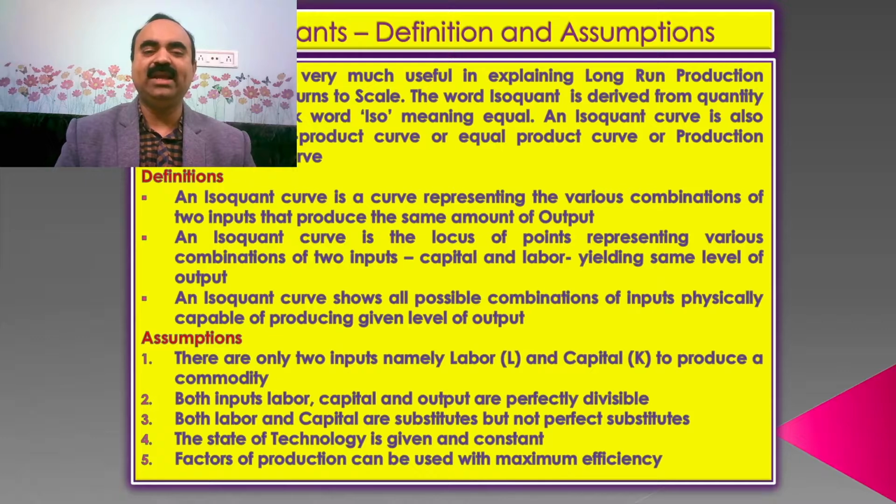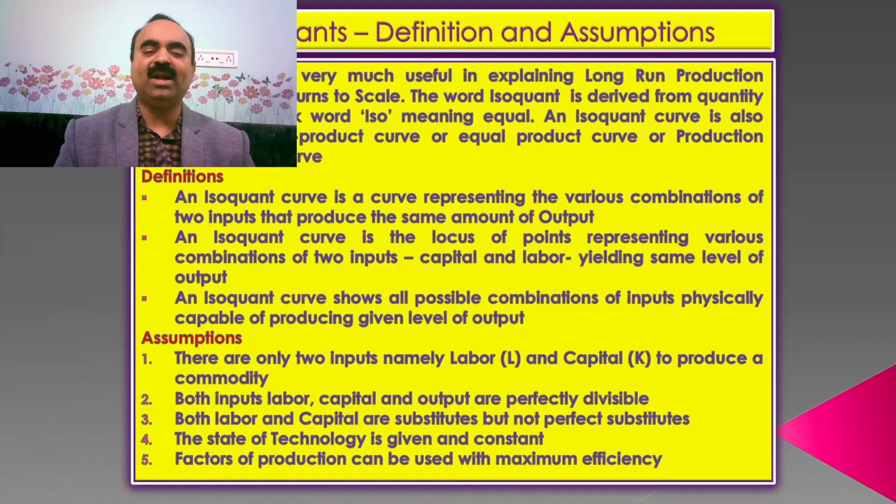Let us now deal with definitions of isoquant. First definition. An isoquant curve is a curve representing the various combinations of two inputs that produce the same amount of output. Second definition.